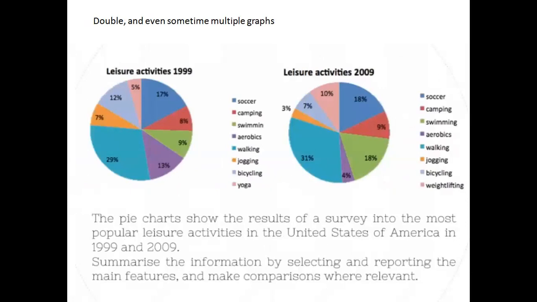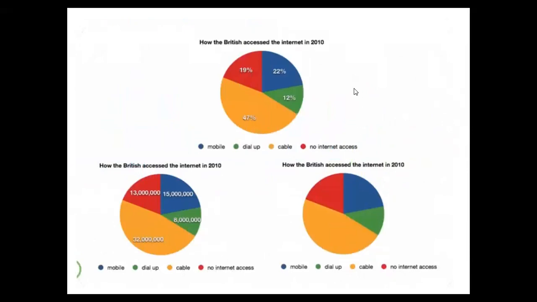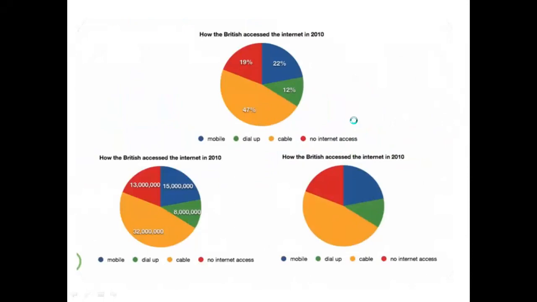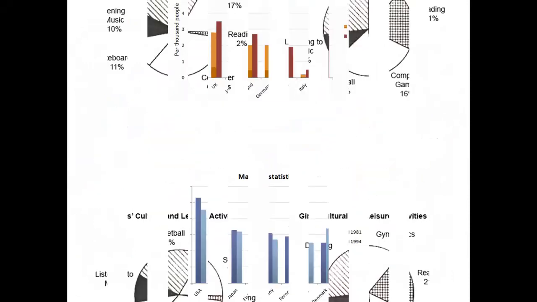Now we may have double graphs such as this on your screen, double pie graphs, again representing the proportion of people who took various activities in 2 different years. And we have three graphs, representing again proportion and numbers as well. Again, a double graph representing the proportion of boys and girls taking different cultural and leisure activities.